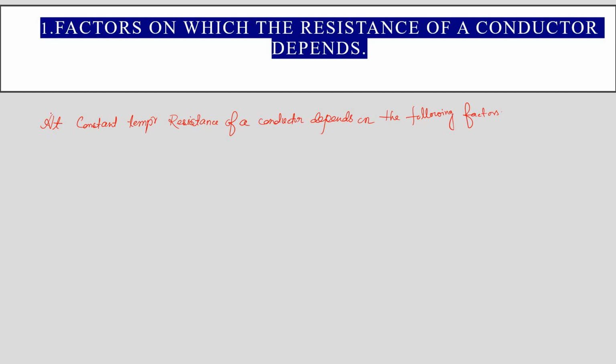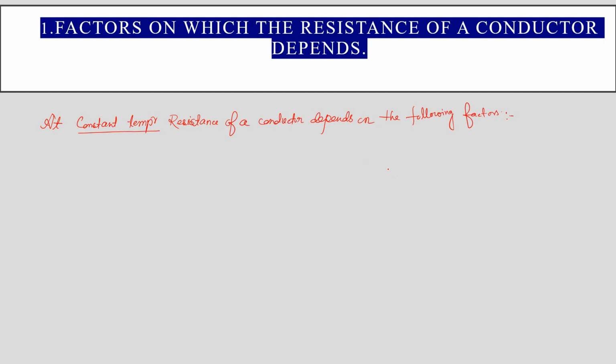The line is very important. We should write at constant temperature, because when the temperature is variable, the study is meaningless. So we should keep in mind that when the temperature is constant, then the study is applicable.